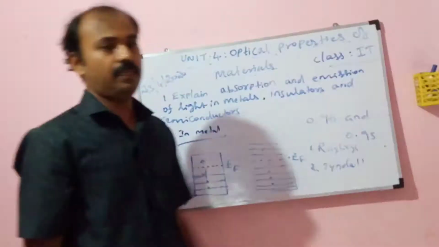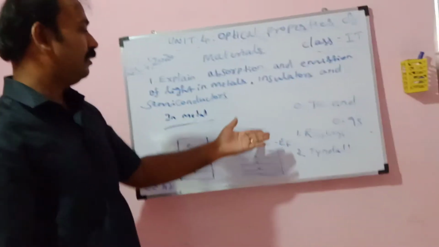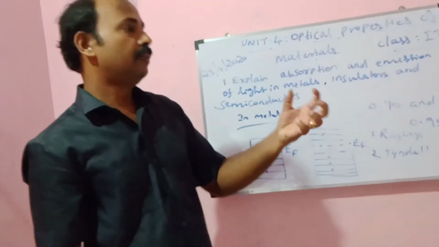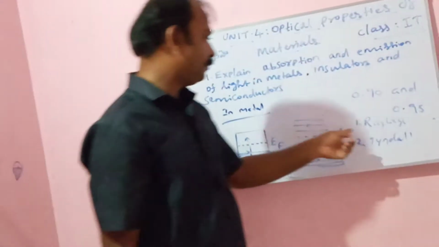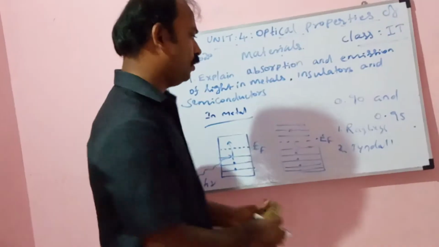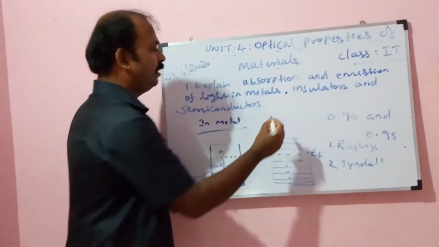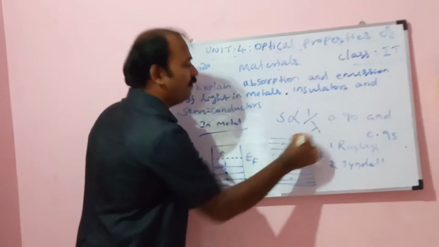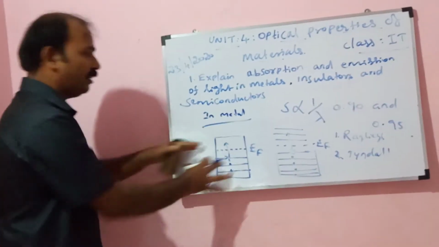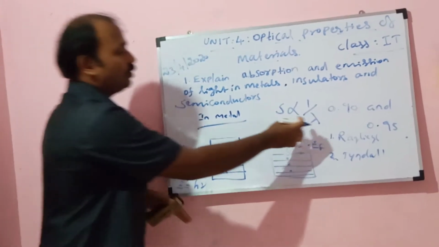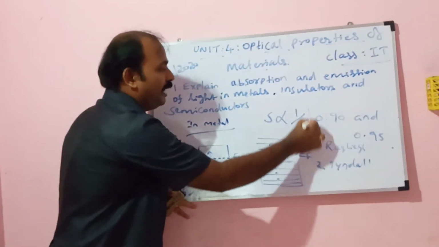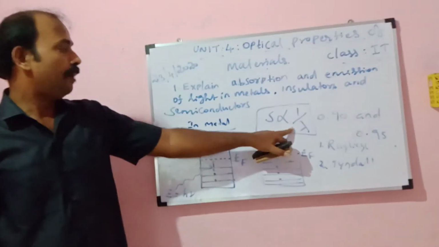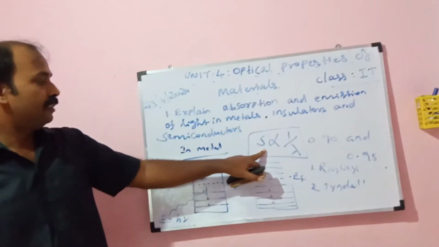Rayleigh scattering clearly explains that low wavelength light is scattered very much. Rayleigh scattering explains that scattering is inversely proportional to the wavelength of incident light. So lower wavelength light is scattered very much compared to higher wavelength.